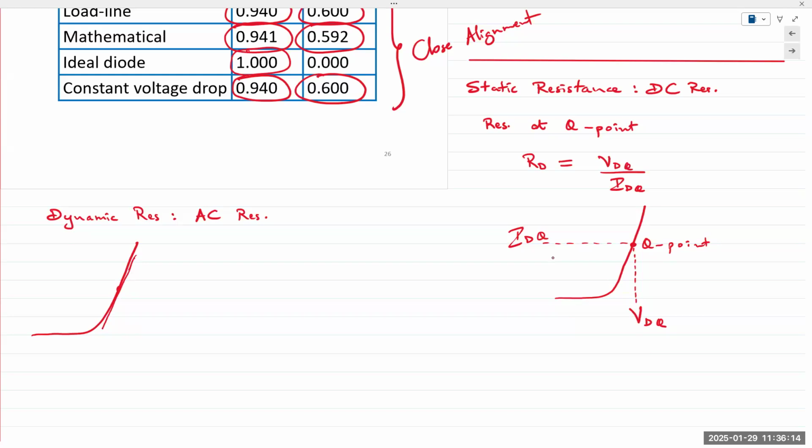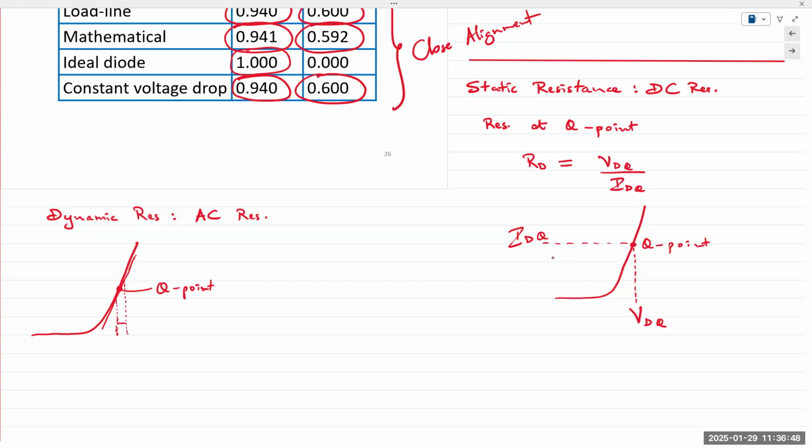So let's say I apply an AC signal and I have a Q point of the diode from the DC biasing. Now I apply an AC signal on top of it. How much is that Q point going to shift? Let's say this is the original Q point from the DC voltage, so I have VDQ and IDQ.